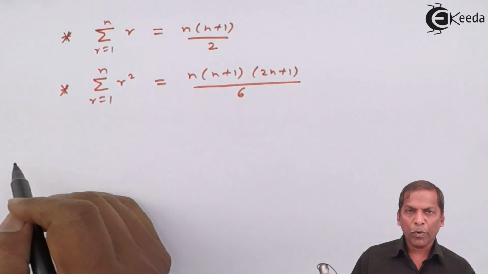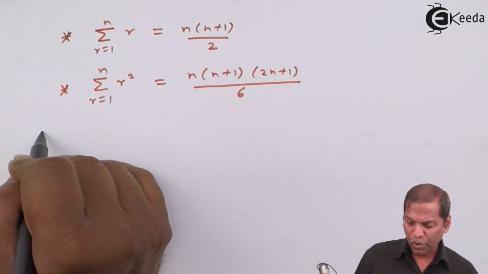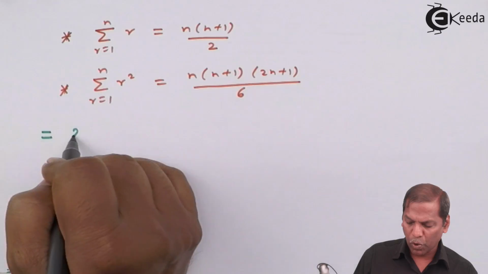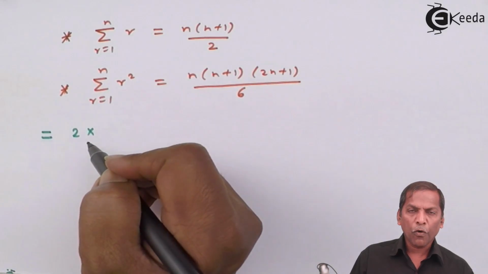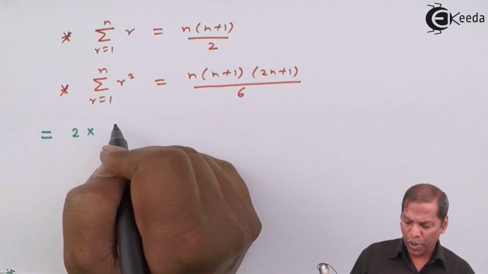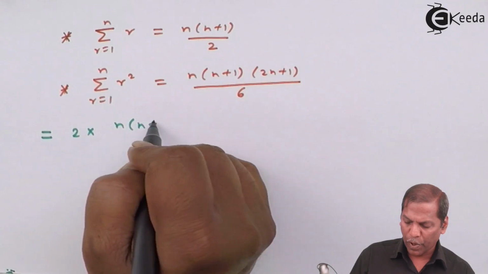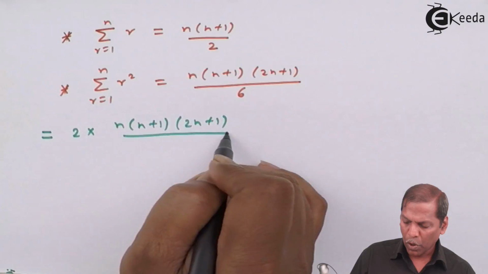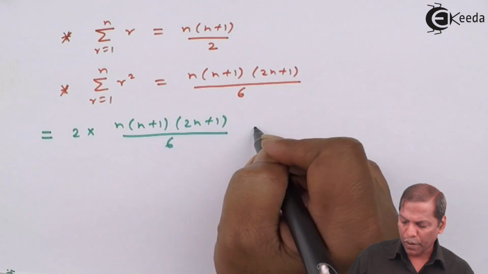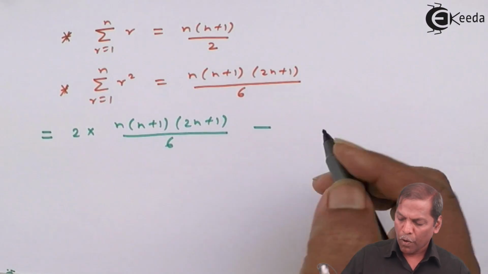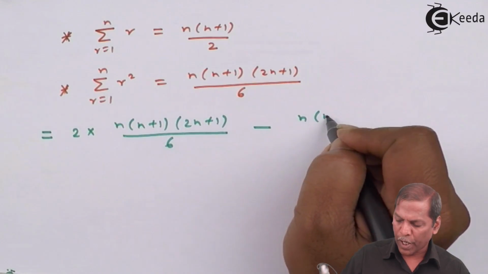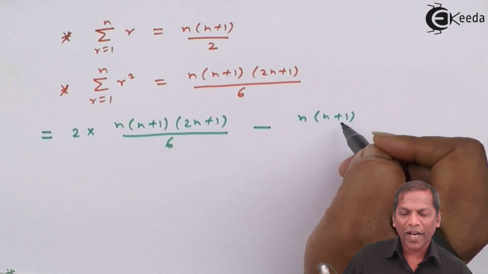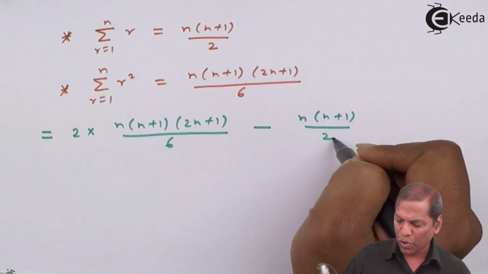So the next step of our question is equal to 2 into, for summation r square we substitute n into (n plus 1) into (2n plus 1), whole thing divided by 6, and then minus, for summation r we write n into (n plus 1) upon 2.